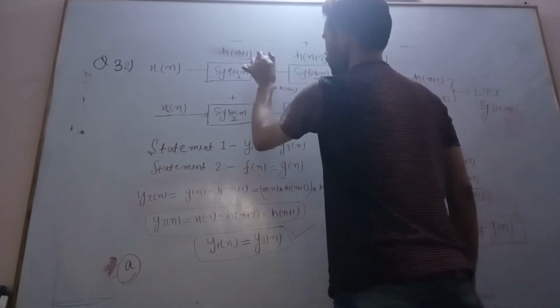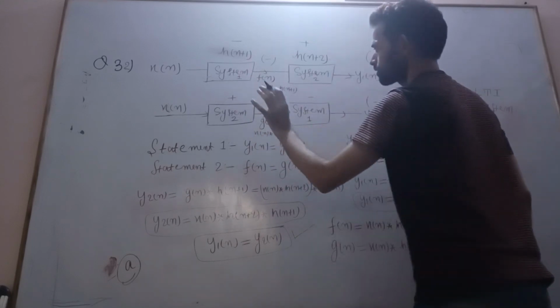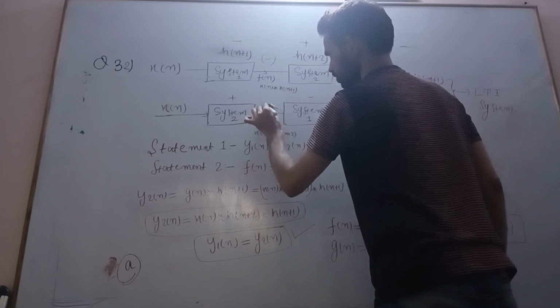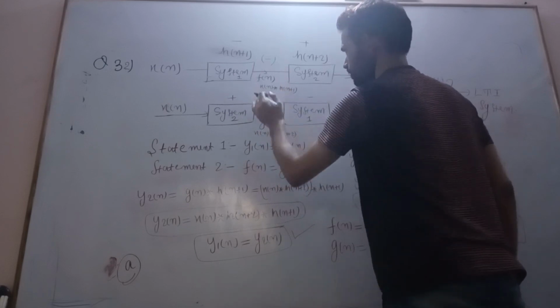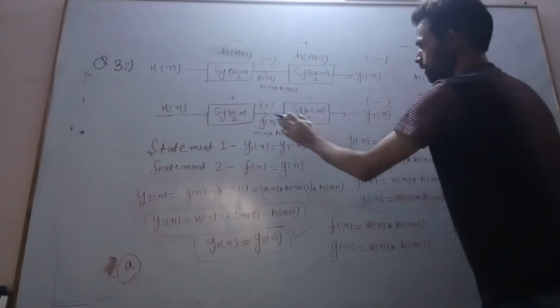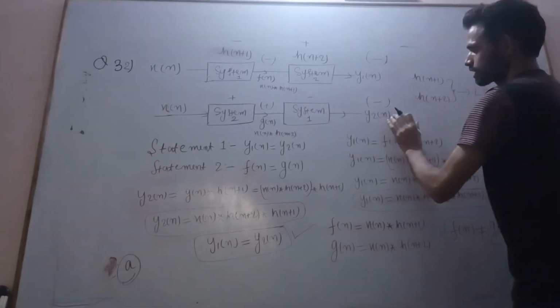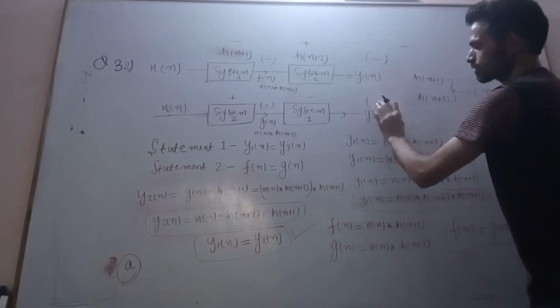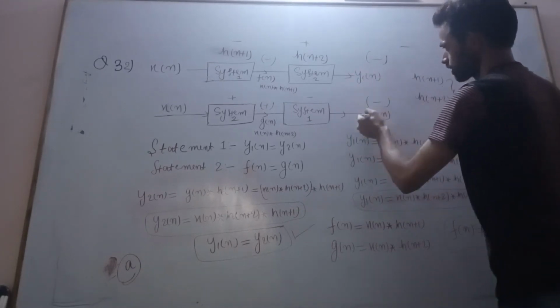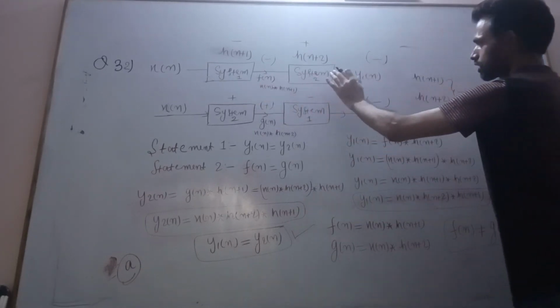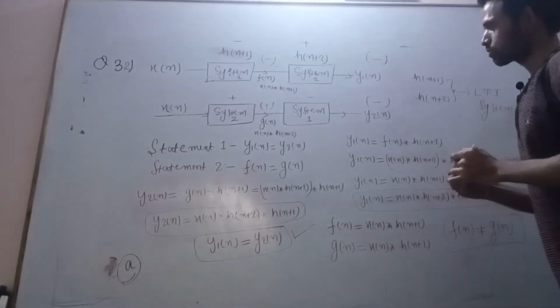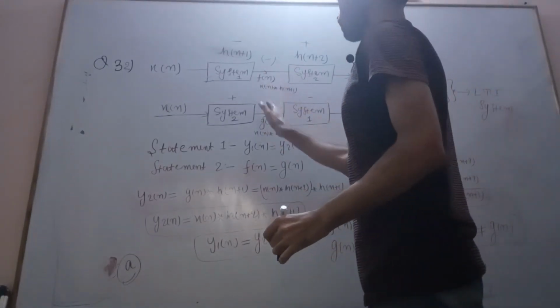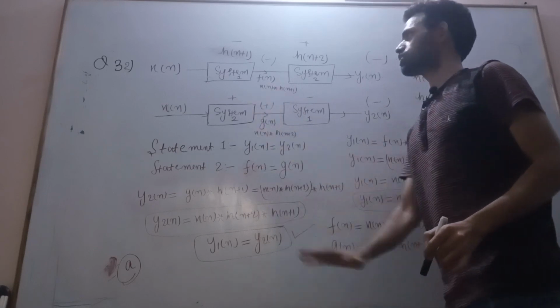Here f of n is negative, g of n is positive, so positive and negative are not equal. But their product is always negative, which means the output is always equal. Output y1 of n for both arrangements is the same, but f of n and g of n being equal is not always true.